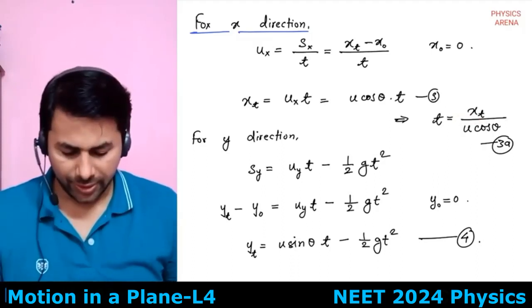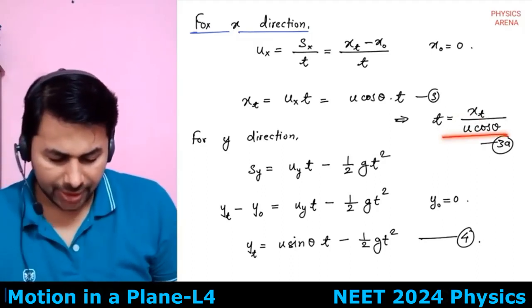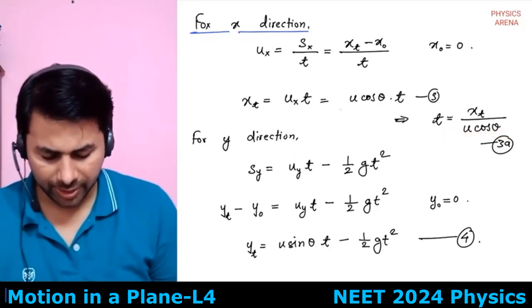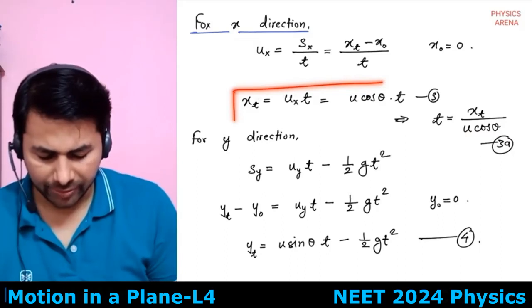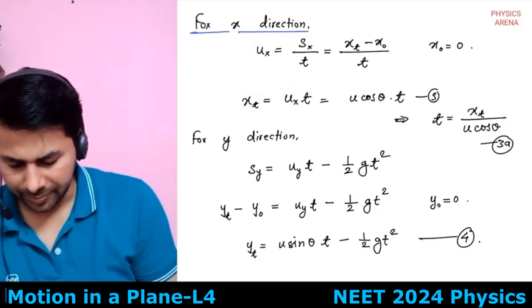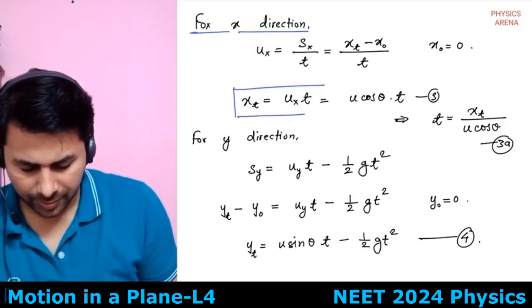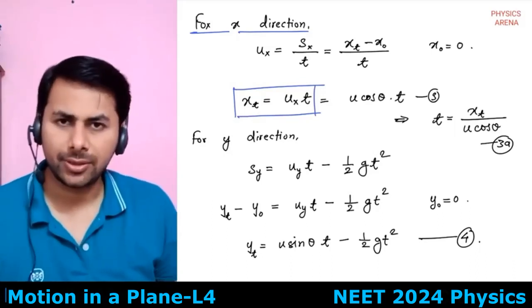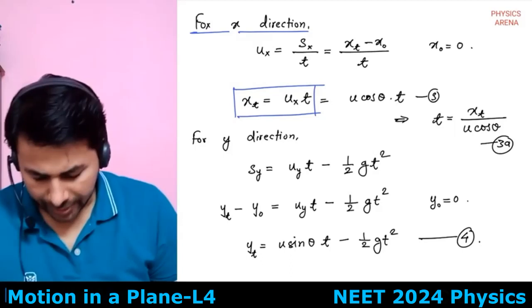So this is for the x direction, right? We need to remember this: x at time t will be equal to ux into t. So t equals x upon ux, right?